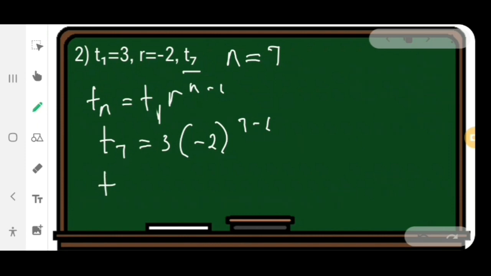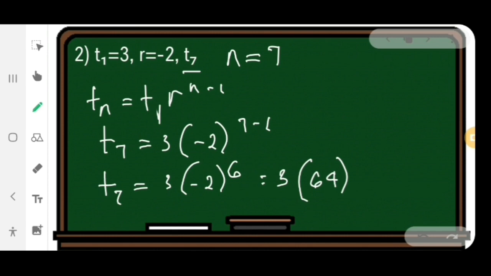So t sub 7 is equal to 3 times negative 2 raised to 7 minus 1, which is 6. Then we are going to get the power of negative 2 when raised to 6. Copy 3. So negative 2 raised to 6 is 64.